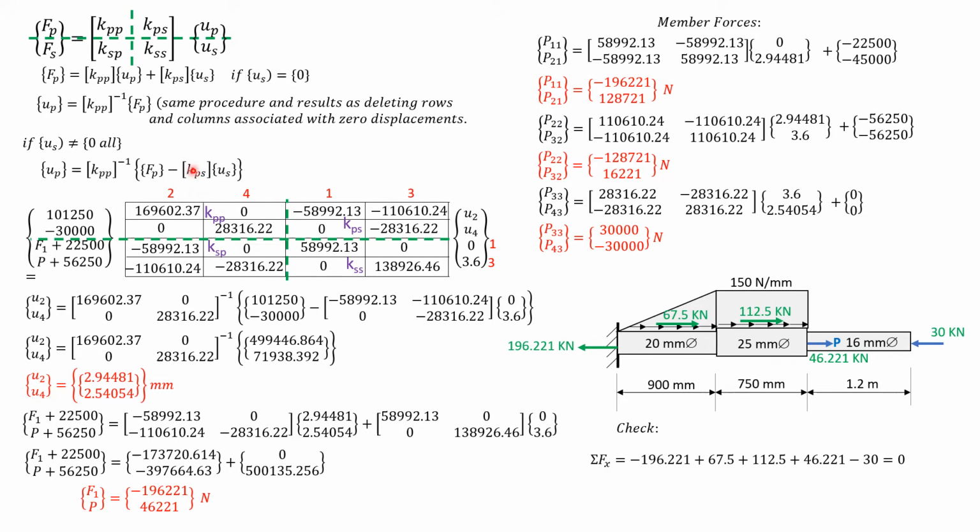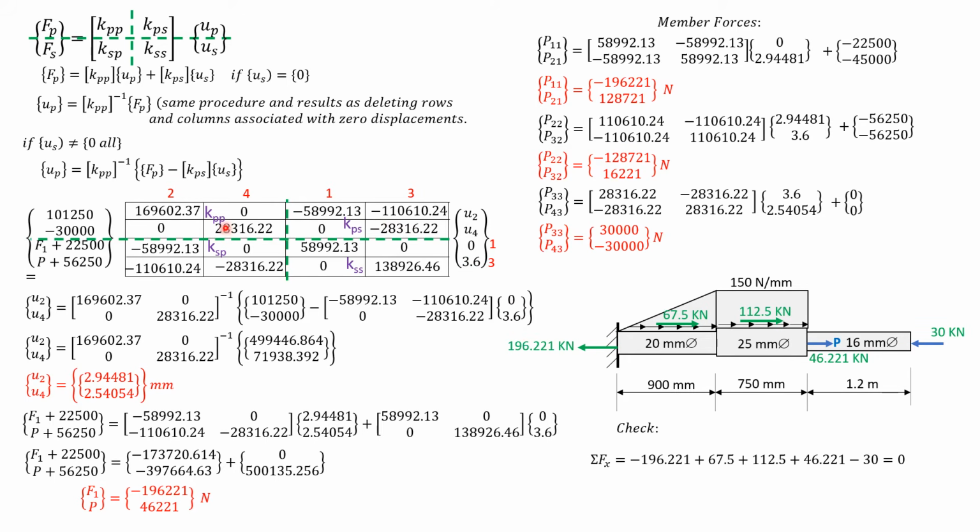So we will demonstrate that here. So U2, U4 therefore is equal to KPP. This is our KPP. Then inverse of this KPP multiplied by the force matrix 101,250 and negative 30,000 minus this matrix here, KPS, times this US here.